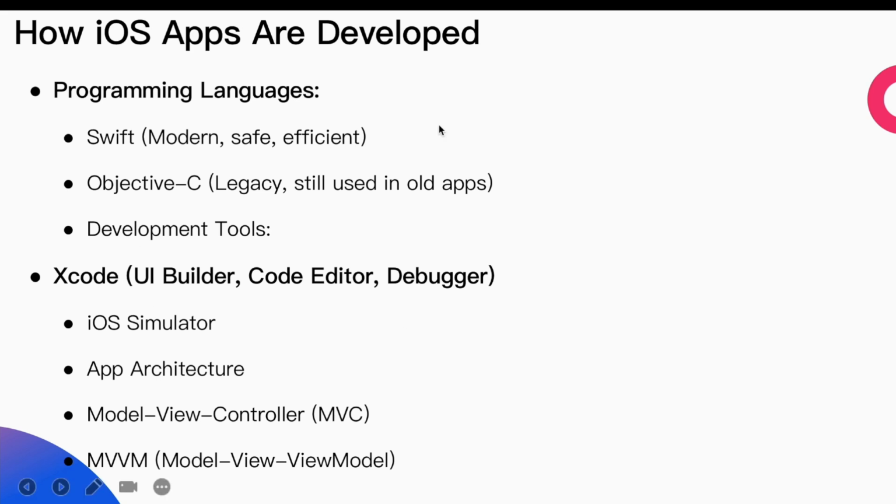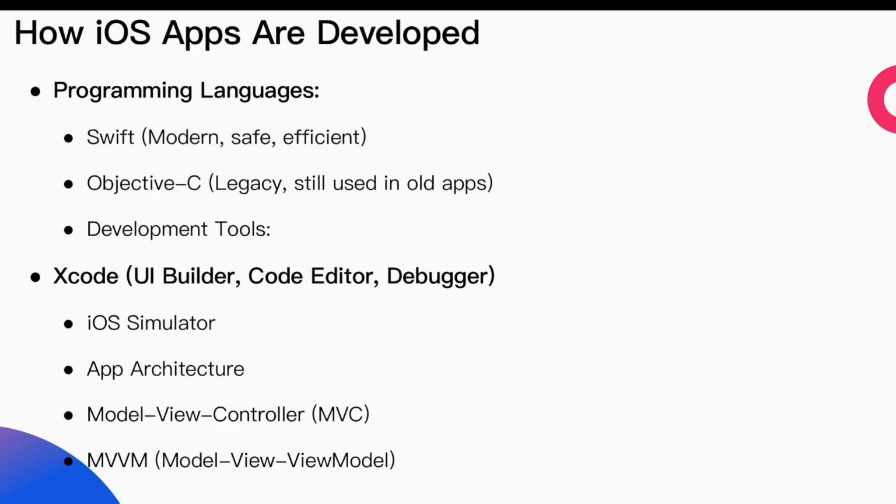Swift is the modern programming language, which is safe and efficient. Why the Swift programming language is safe, we'll come to in some other videos. But for new projects, we always use Swift.